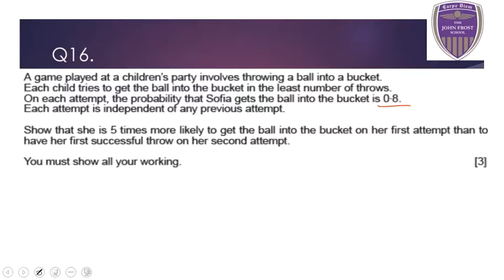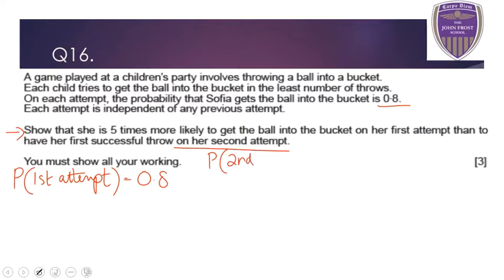Okay, so if you look at the first bit of information, the probability that she gets in the bucket on the first attempt is 0.8. The probability that she gets it on her second attempt, okay, what does it actually mean?